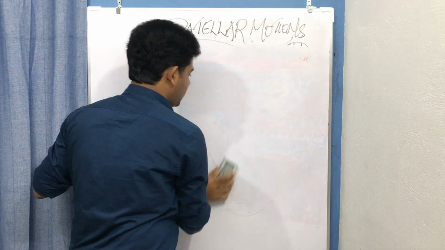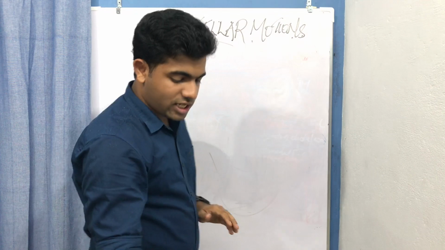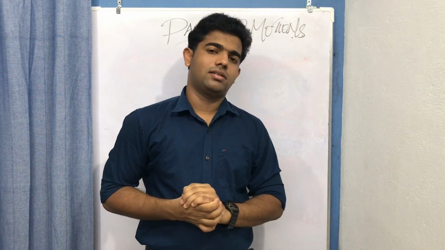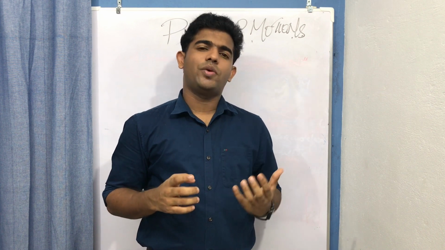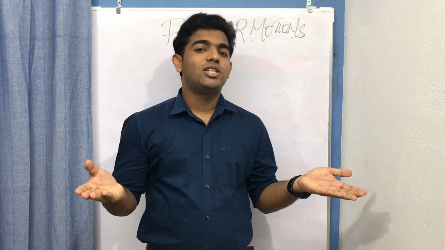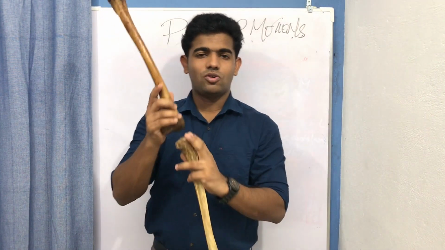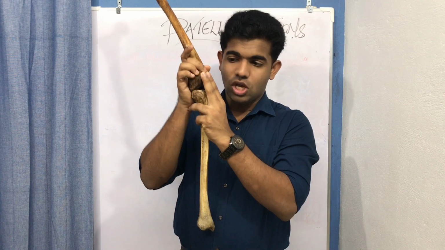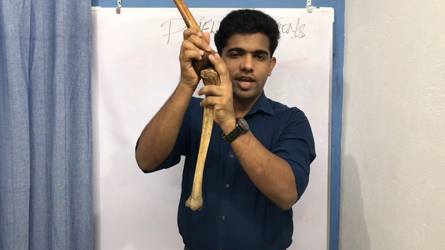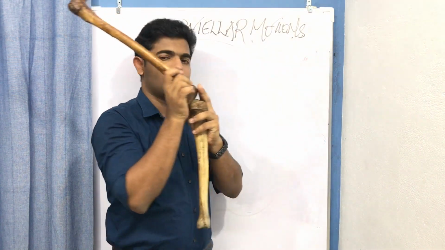And you know, these movements always happen in a spontaneous manner, in a rhythmic manner, because patella is always attached to the tibial tuberosity via the patellar tendon, or patellar ligament. So when the tibia is going for medial rotation, the patella will also go for medial rotation.